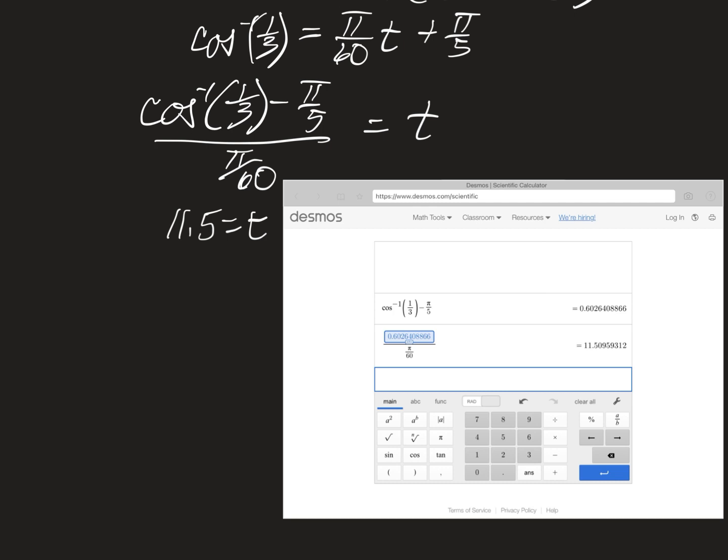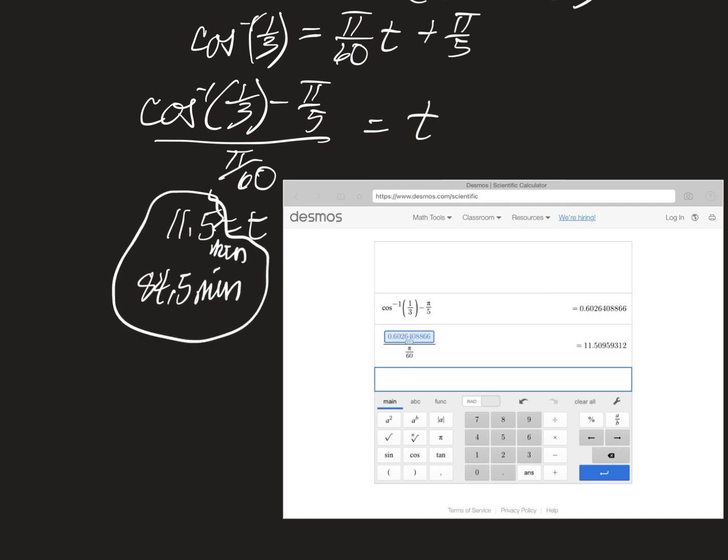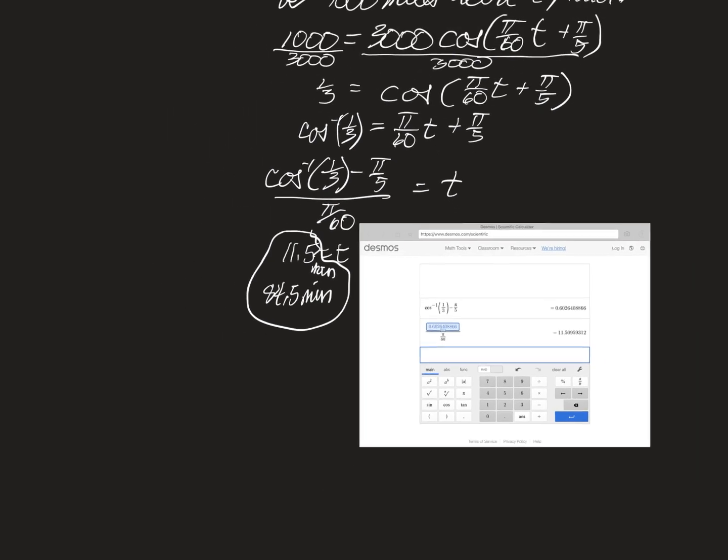So this is a case where you get a second answer, 84.5 minutes, as well as 11.5 minutes. Okay, and there would be your two answers. Now notice how I use the graph to kind of help me understand the problem and so forth. And that's a good idea when you're working on problems like this, okay?